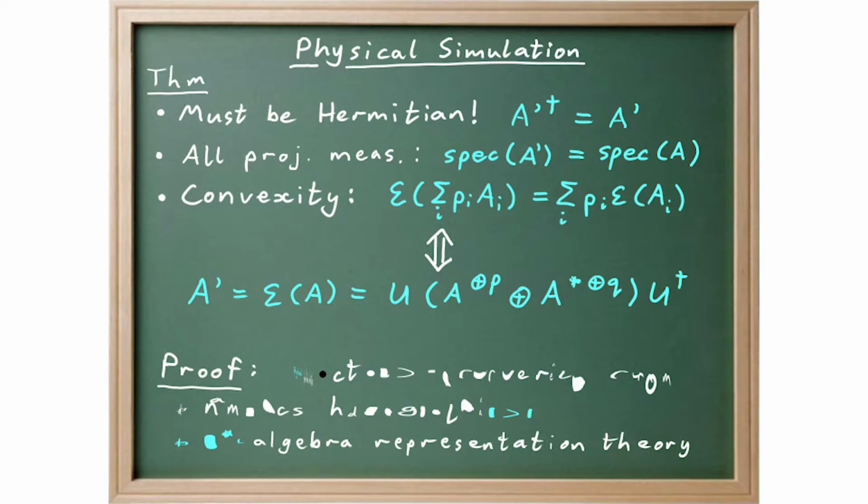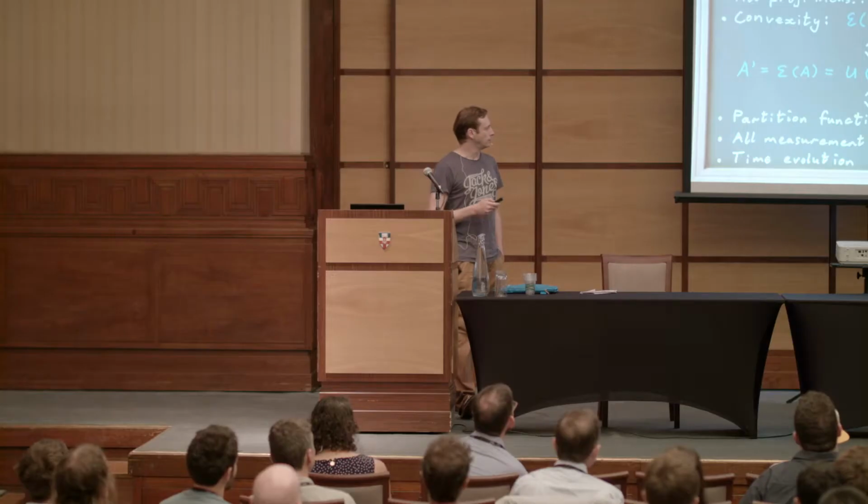So if our transformation maps Hermitians to Hermitians, if it's spectrum preserving, and if it preserves linear combinations or even just convex combinations, then that's the only possible map of that form. And from that follows the fact that all of the physics of A is replicated in A primed. Okay, so that's nice. We have a characterization of what these look like.